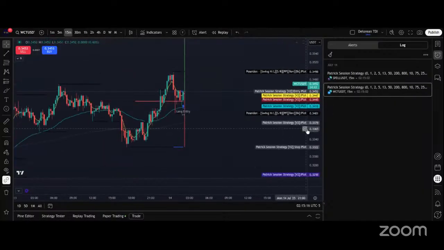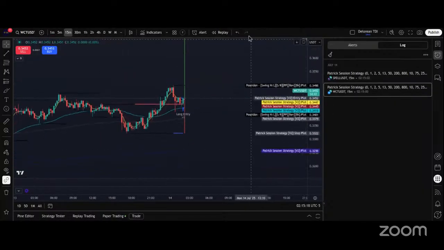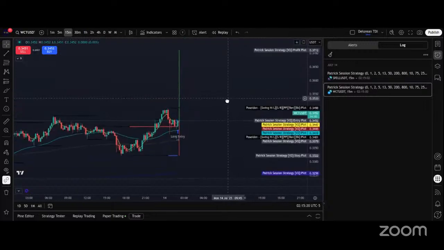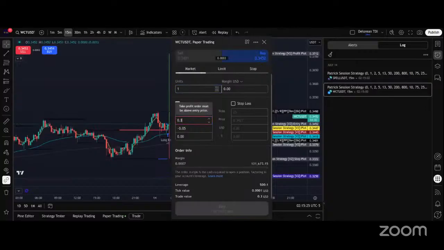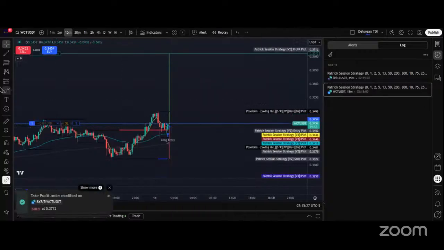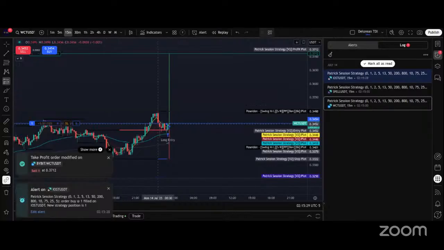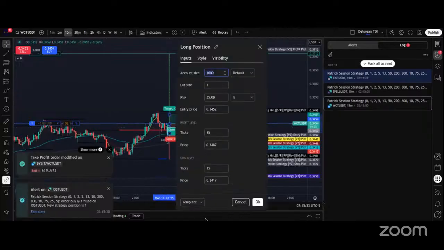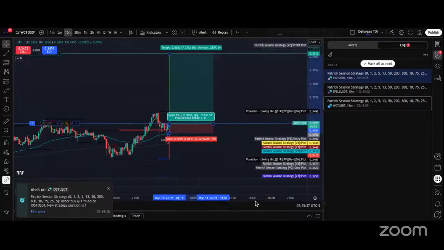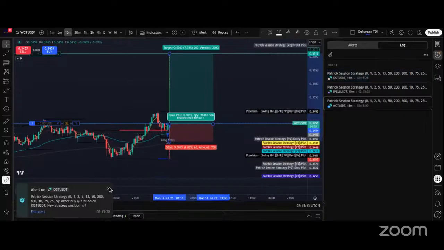We have a buy opportunity on WCT USDT. We will be taking that. It's going to be a buy to 0.3712. As for why we're taking a trade, it called a buy.